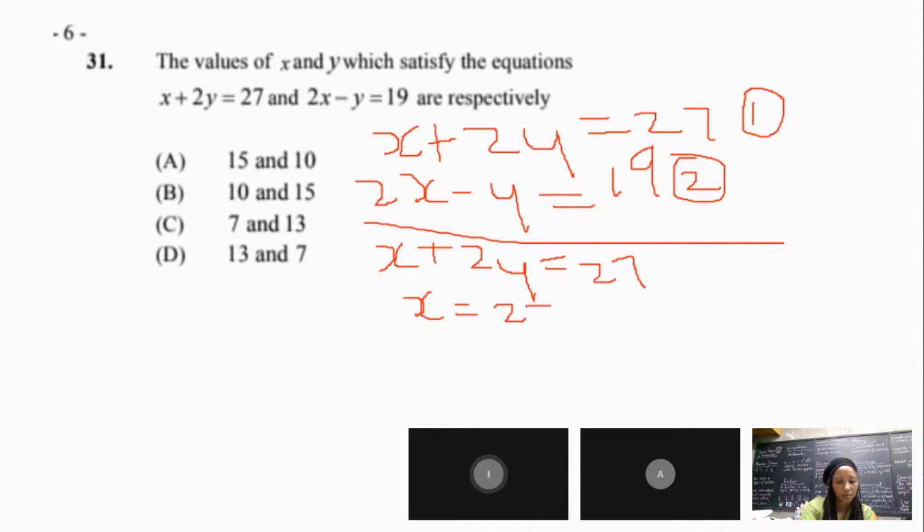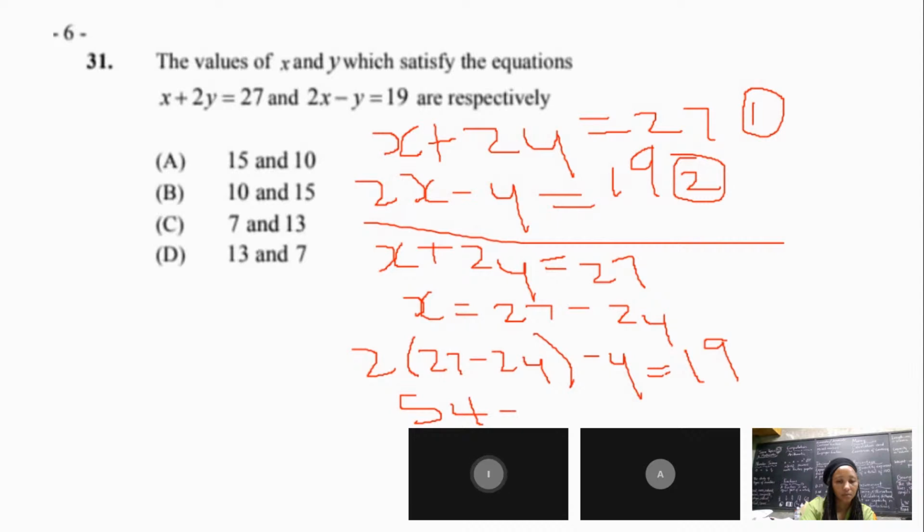So we're going to plug it into the second equation. So 2 times 27 minus 2y, minus y equals 19. So 2 times 27 is 54, and 54 minus 4y, since we're multiplying everything in the bracket by 2, and then we put back the minus y equals 19. 54 minus 5y equals 19.